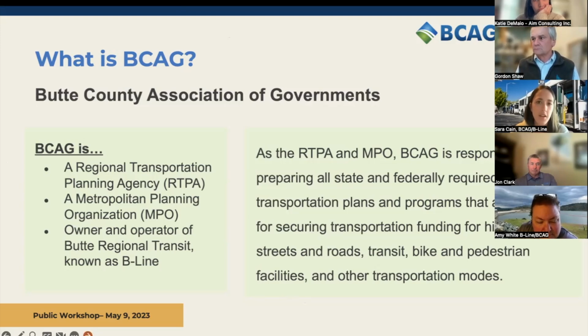As the RTPA and MPO, BCAG is responsible for preparing all state and federally required transportation plans and programs. Those are what's necessary for securing funding for highways, streets and roads, transit, bike and pedestrian facilities, and other transportation modes.